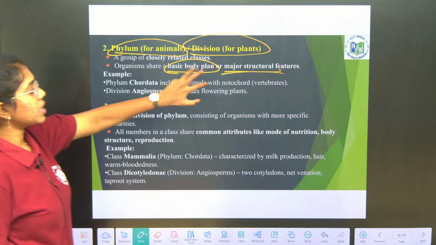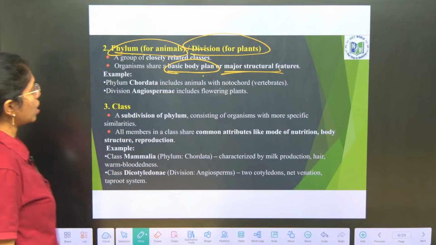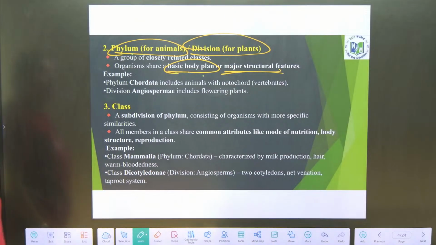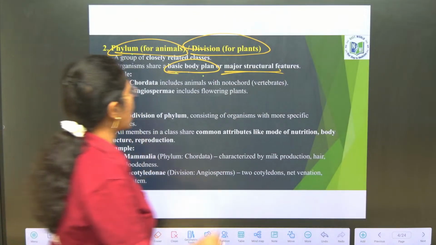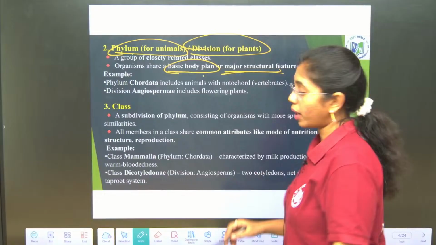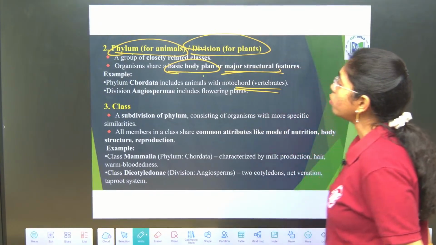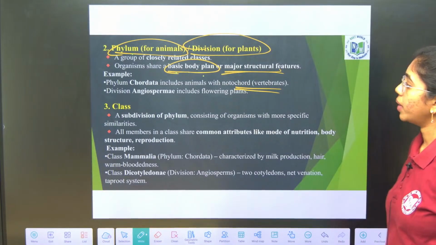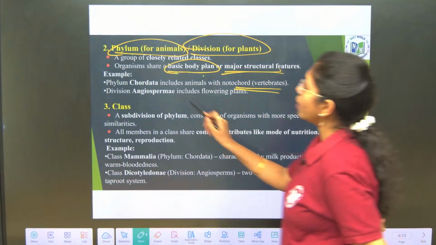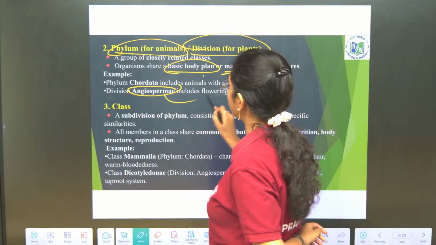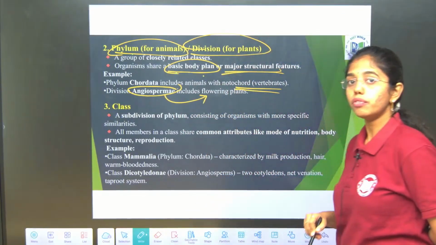They will share basic body plan and major structural features. For example, phylum Chordata includes animals which have notochord. These are vertebrates. Division Angiospermae includes what? Flowering plants.